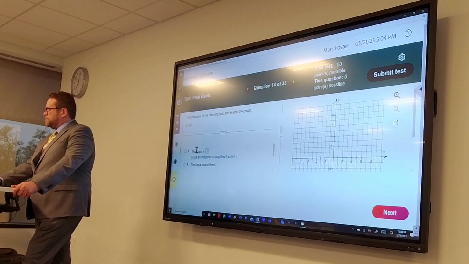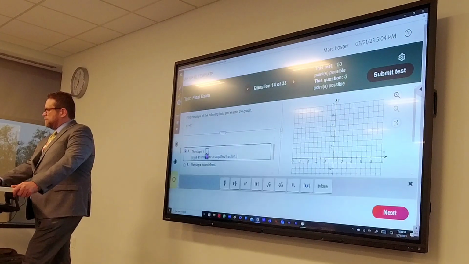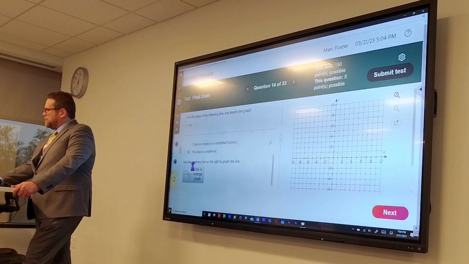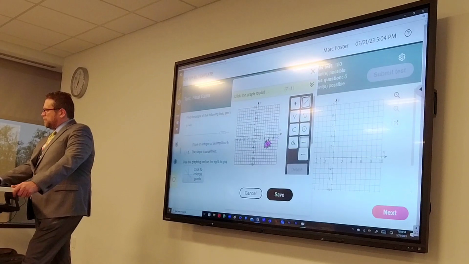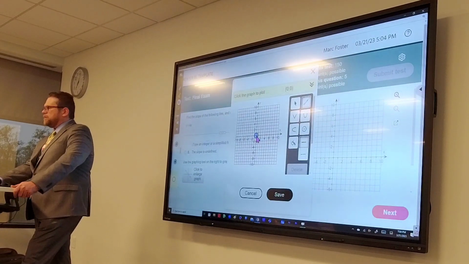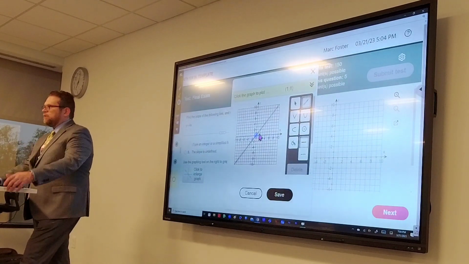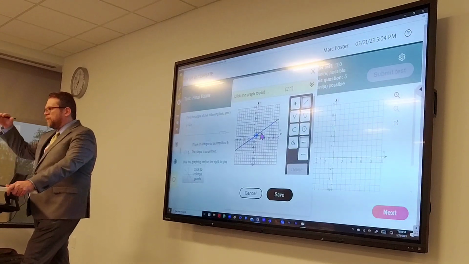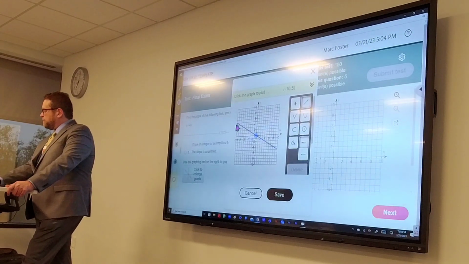And what's the slope? 4. And if I were to graph this, well, then I've got to go through the origin, because it's just y = 4x + 0. So the y coordinate of the y-intercept is 0.